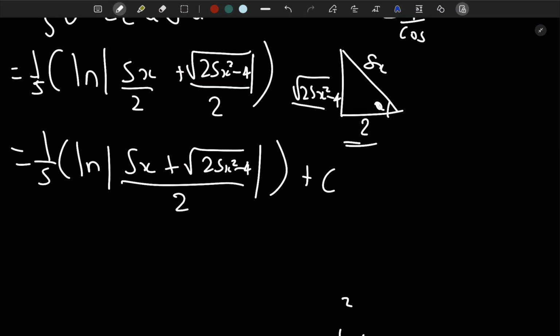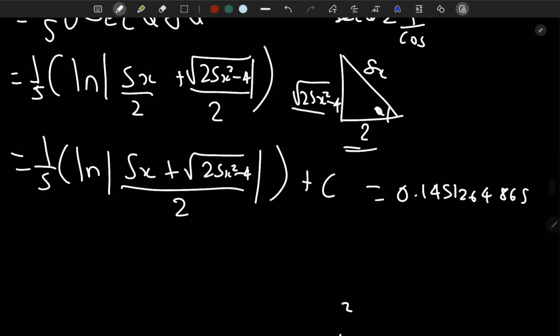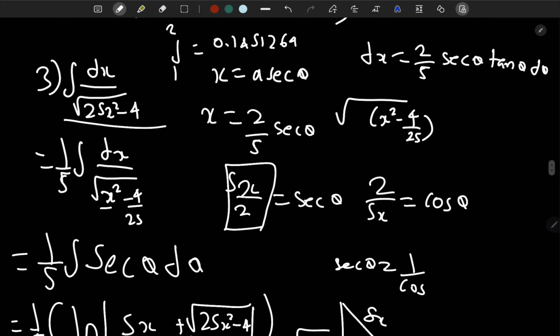So 1 over 5 ln absolute value 5 times 1 is going to be 5 plus radical 25 minus 4 over 2, close. And as we see, we got the exact same answer, 1.451264865, and you will realize that we got the same answer as before.